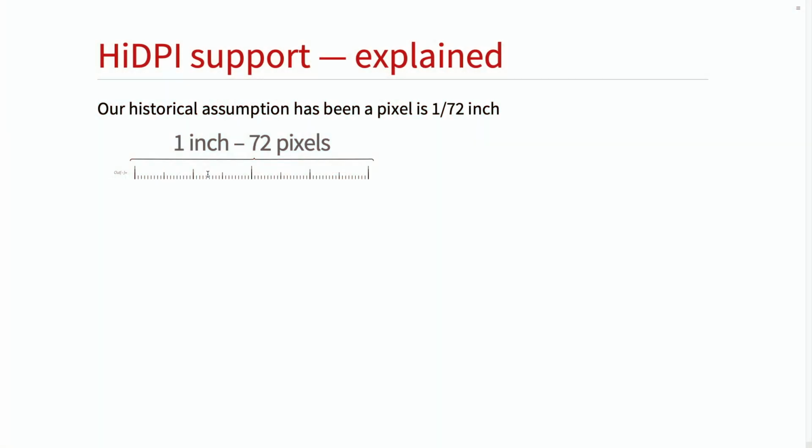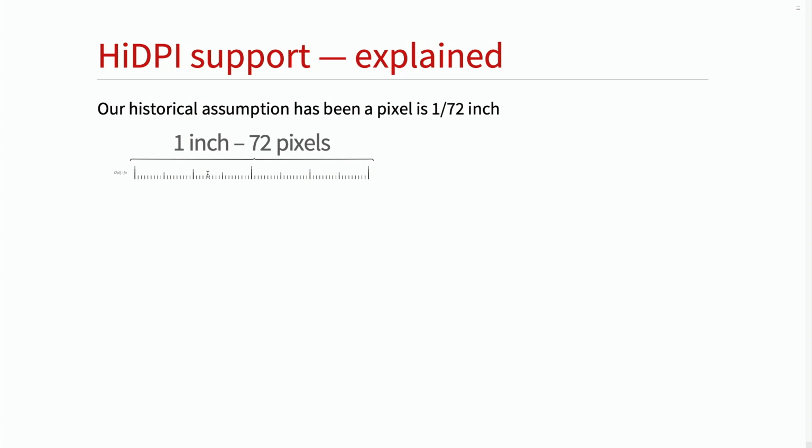This has been an assumption that has been embedded in the notebook front end since 1996, and maybe even earlier, but 1996 was kind of a reset of the front end: the notion that there is a correlation between pixels and linear distance, and a pixel is 1/72nd of an inch.